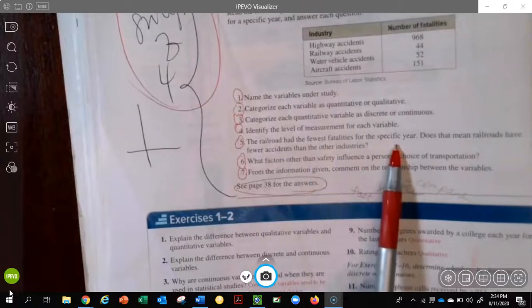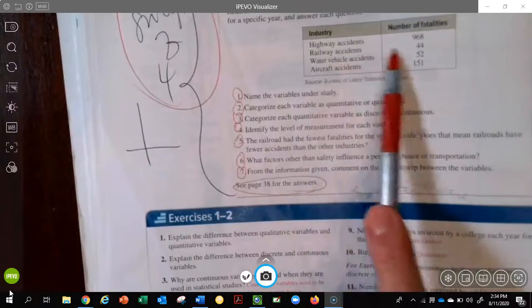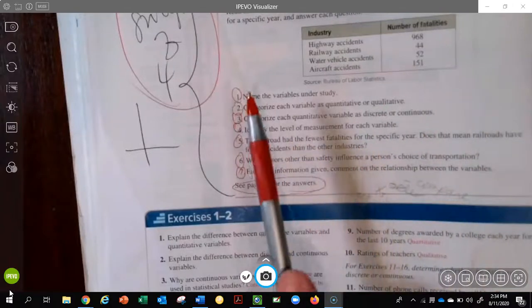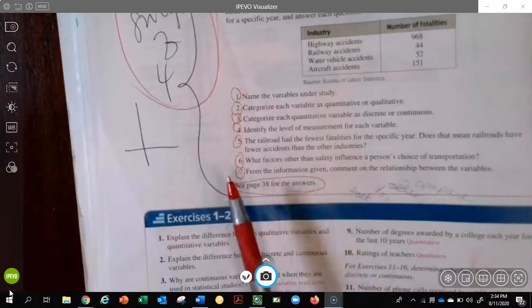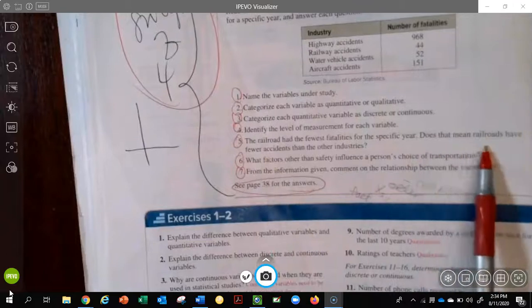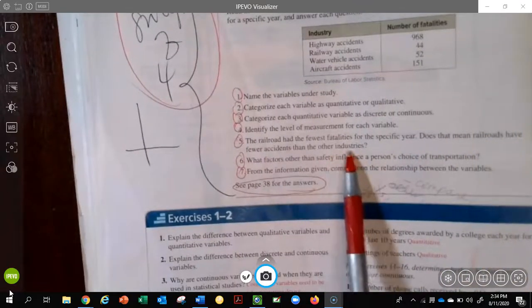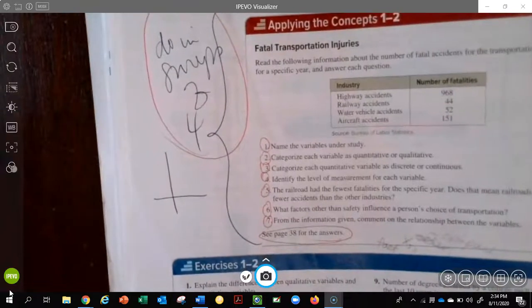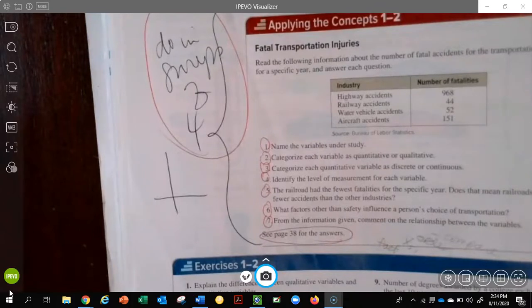With the railroad having the fewest fatalities, does it mean it's the safest, that it only had 44? This is talking about modes of transportation. Does it mean that they have fewer accidents than the other industries? This might be a really good place to mention, well, most people don't ride railroads. But then you would need to back that up with some data, because we have Amtrak.